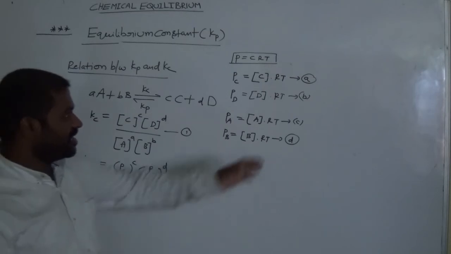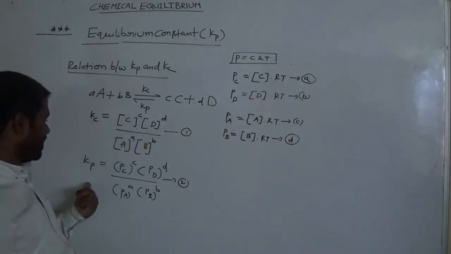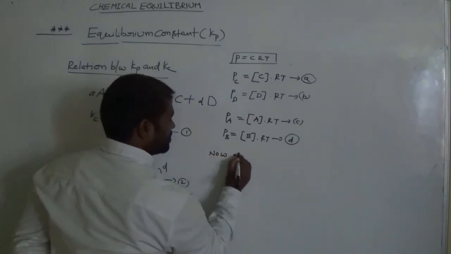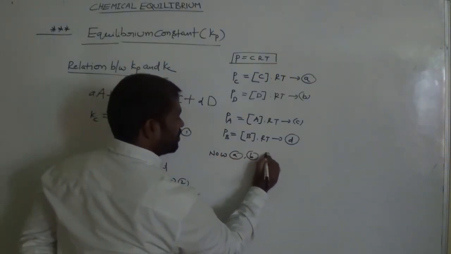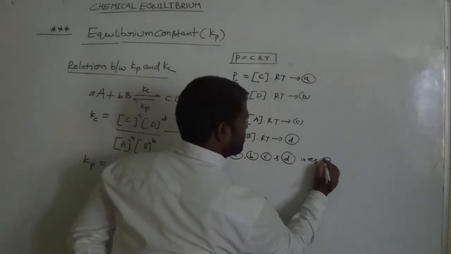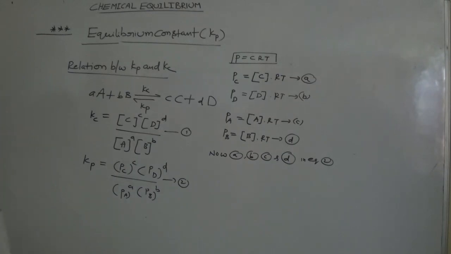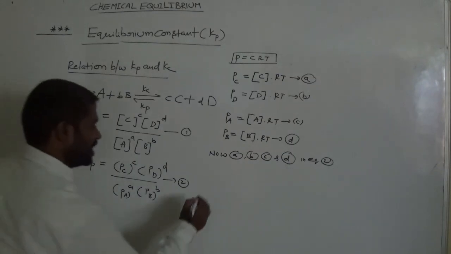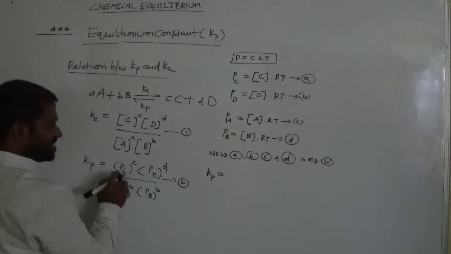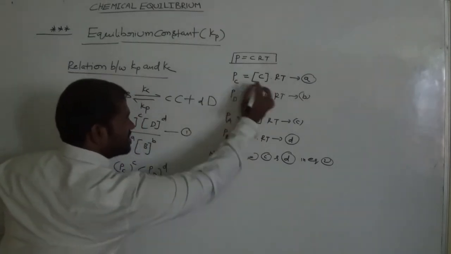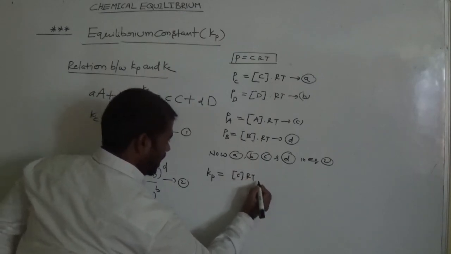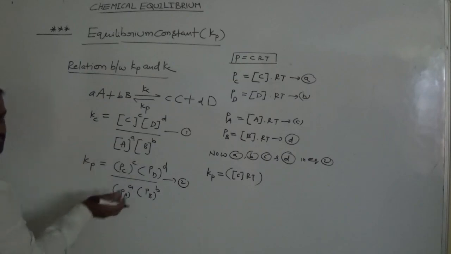Now keep this a, b, c, d value in equation 2. Now small a, small b, small c and small d in equation 2. So what do we have? Kp is equal to, what is the value of Pc? Pc is the molar concentration of C, RT whole power, what is the power here?